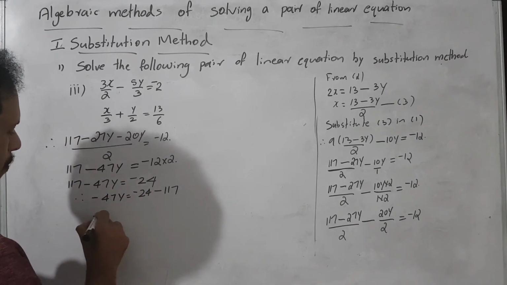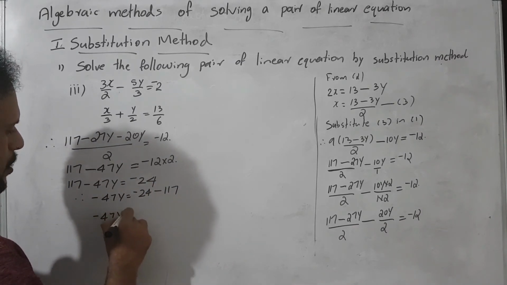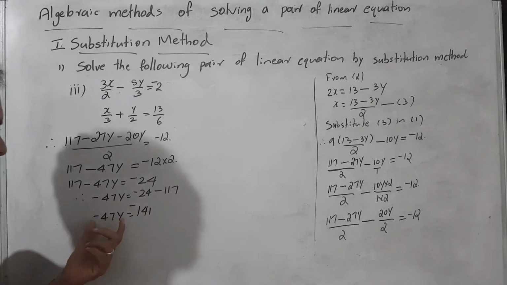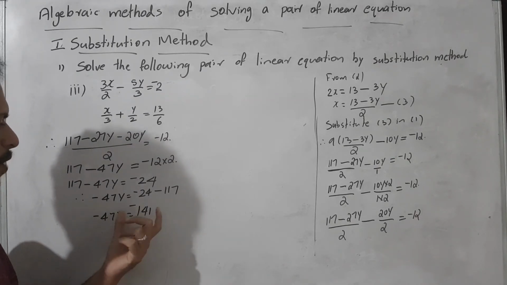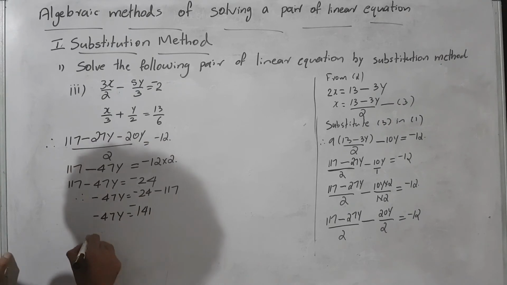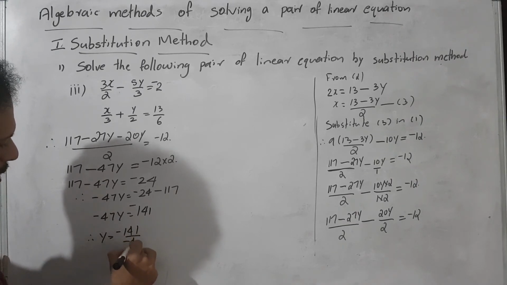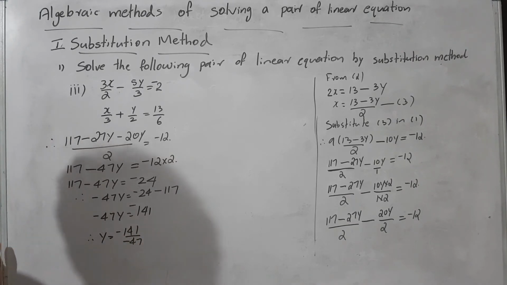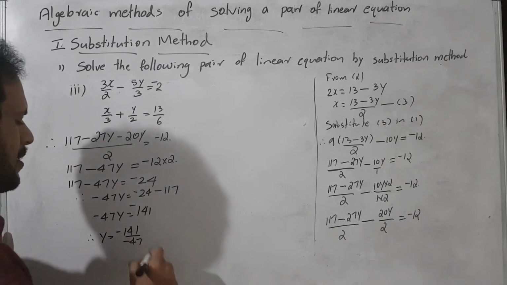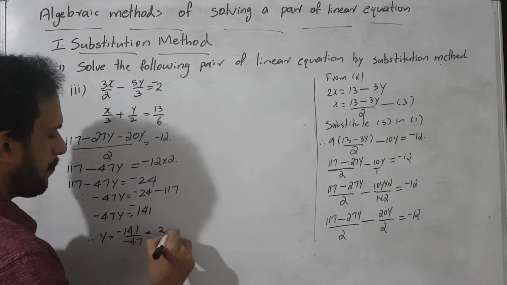Then minus 47y is equal to minus 141. Therefore, y is equal to minus 141 by minus 47. What is minus 141 divided by minus 47? That is equal to 3.